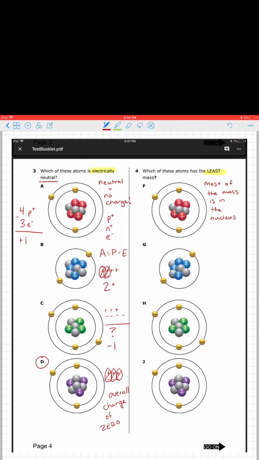Remember, those electrons are so small that they really don't affect the whole mass of an atom because they're so insignificantly massive. So if we're looking for the nucleus, this question says the least mass, so we're looking for the one that has the least stuff in the nucleus.